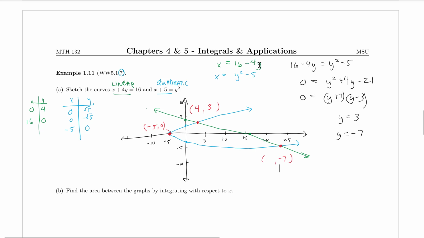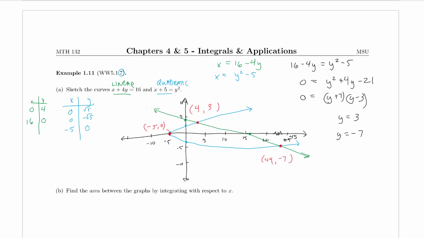If we plug a negative 7 in right here, we get 28 plus 16, and that gives us 44. So my graph is a little bit off right here. Let's draw a little squiggle in our graph and say that this is actually closer to 44 out there. I just did not graph this cleanly.